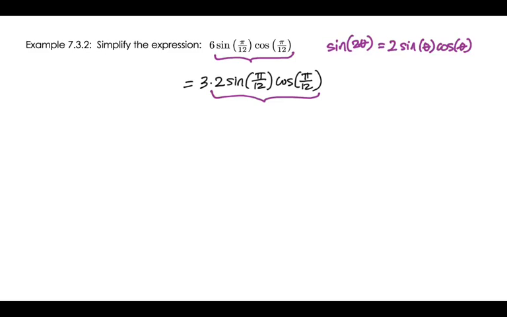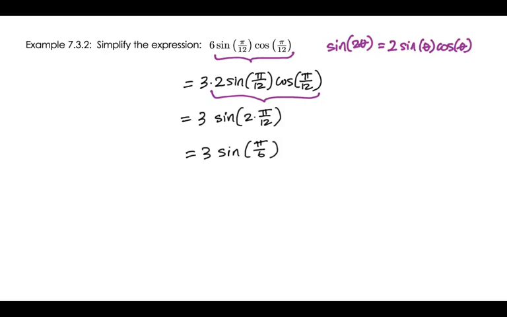All right, so this 3 is just going to hang out there. And then 2 sine pi/12 cosine pi/12 by my identity over there in purple is equal to sine 2 theta, which is pi/12. All right, and then that just simplifies. I can reduce the 2 and the 12 to make this 3 sine pi/6.